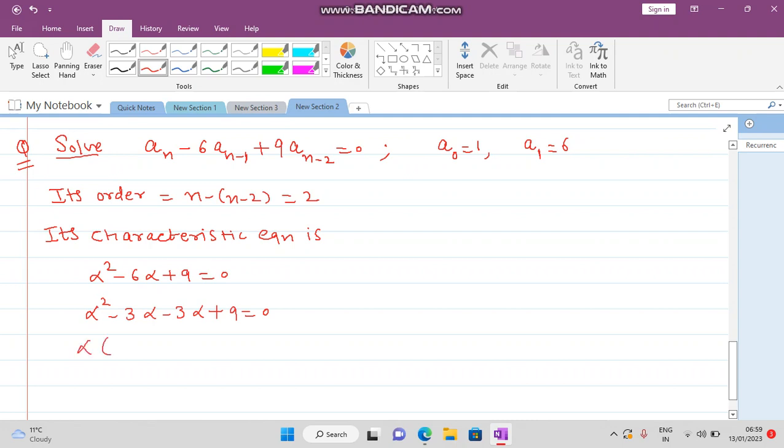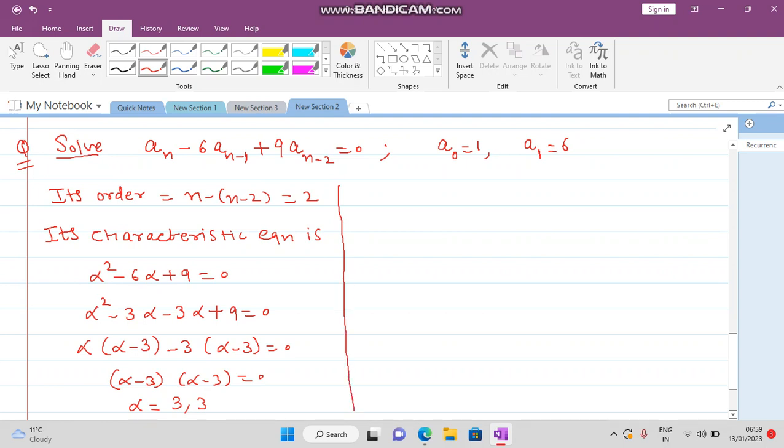So take alpha common, alpha minus 3, take minus 3 common, alpha minus 3, so alpha minus 3 and alpha minus 3 equal to 0. What are the values of alpha? They are 3 and 3, which means here we have repeated roots. So what is the solution? Solution is (C1 + C2 n) into 3 raised to the power n.